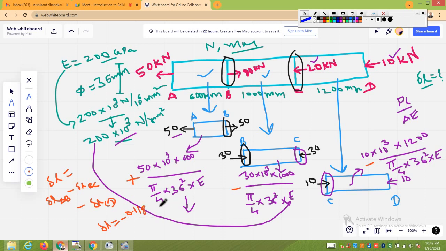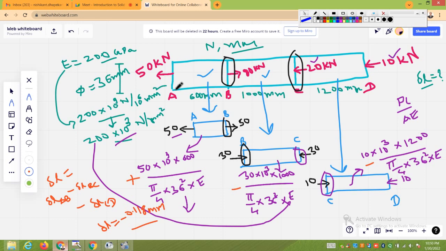Means by using this method to solve such types of problems, an objective question can be framed like this: a rod of uniform cross section with 36 millimeter dia having modulus of elasticity 200 gigapascal is subjected to the following axial loads.